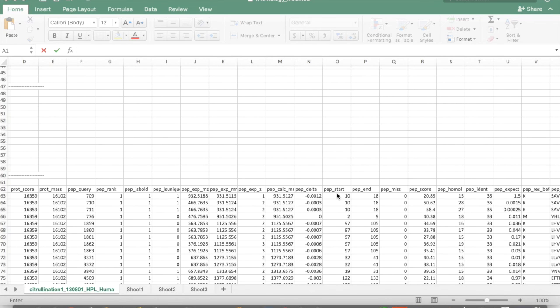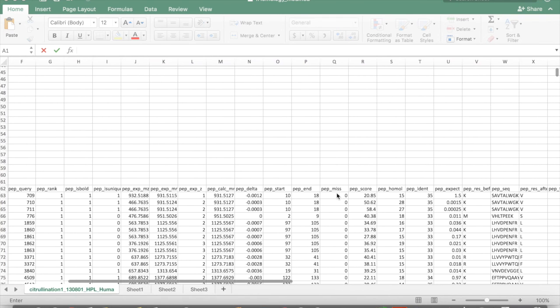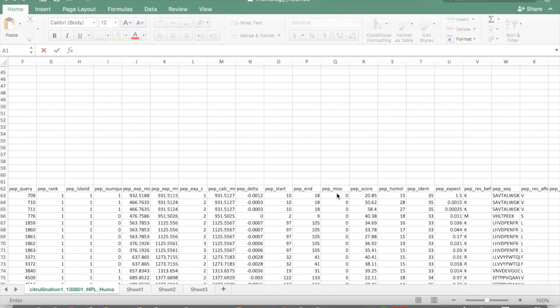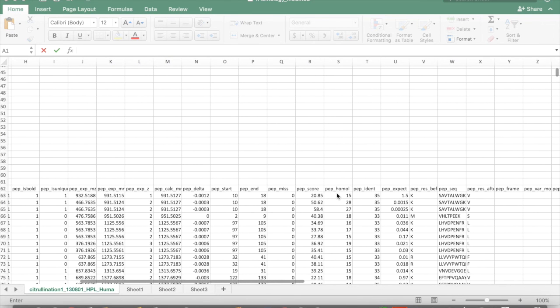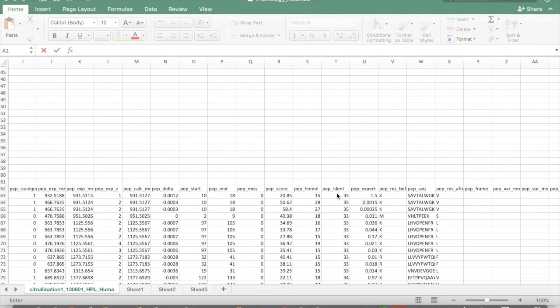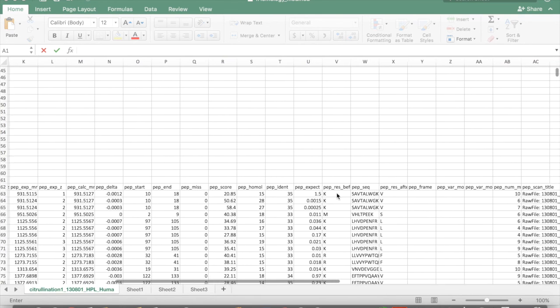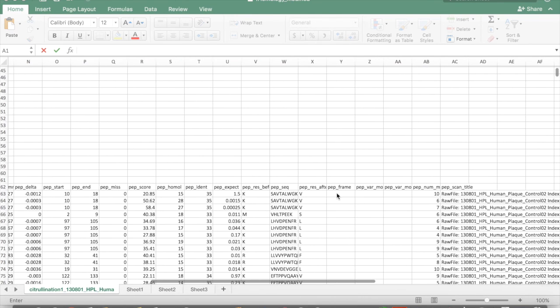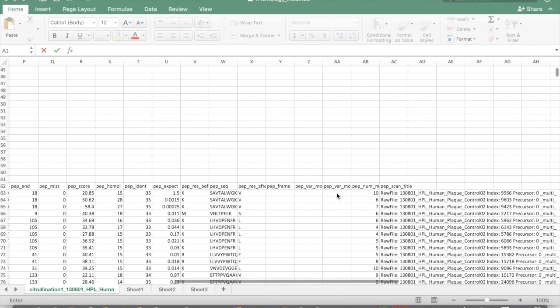peptide start, the starting residue position for the peptide in the protein, peptide end, the ending residue position for the peptide in the protein, peptide miss, number of missed enzyme cleavage sites, peptide score, peptide match score or the peptide ion score, peptide homology, which is the peptide score homology threshold, peptide identity, which is the peptide score identity threshold, peptide expect, which is the peptide match expectation value, peptide sequence, peptide variable modifications such as citrullination, oxidation, peptide variable modification position, which is the position of the modification along the sequence of the peptide.